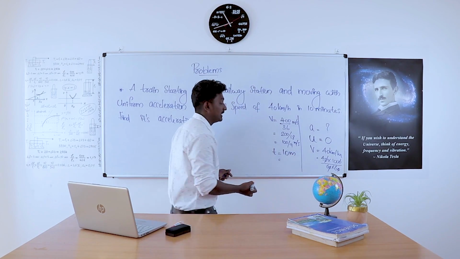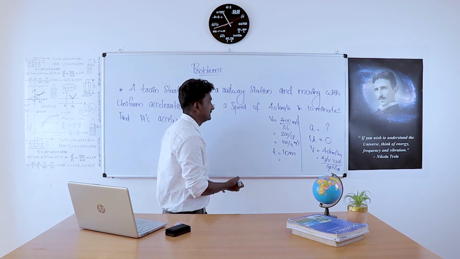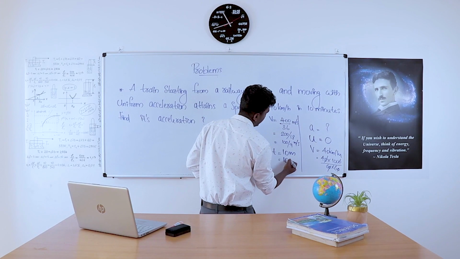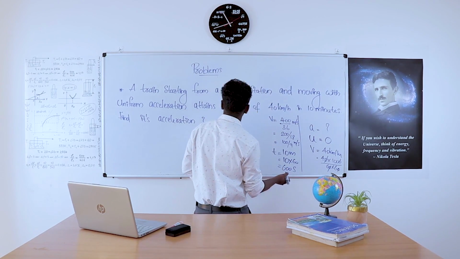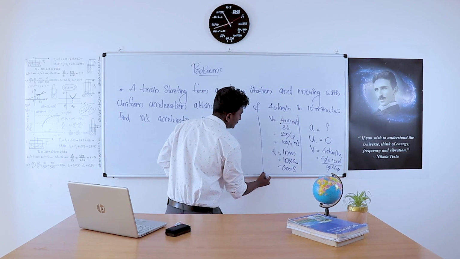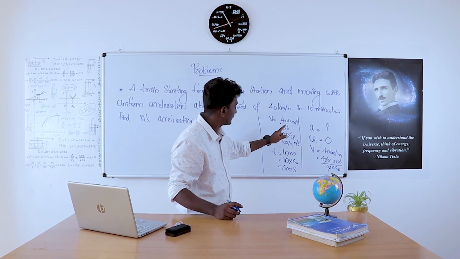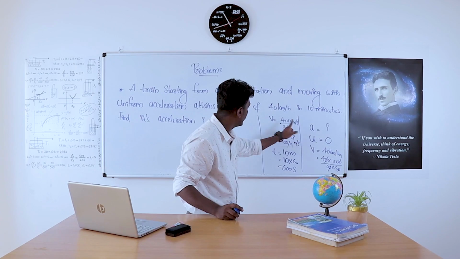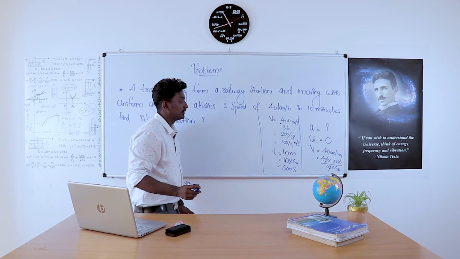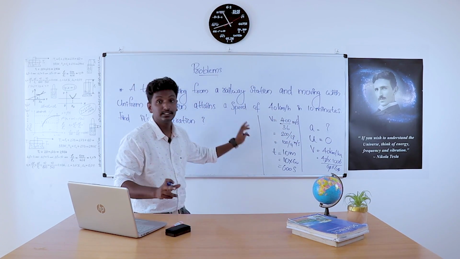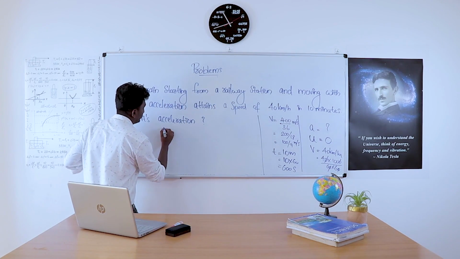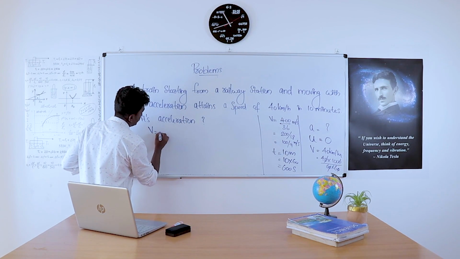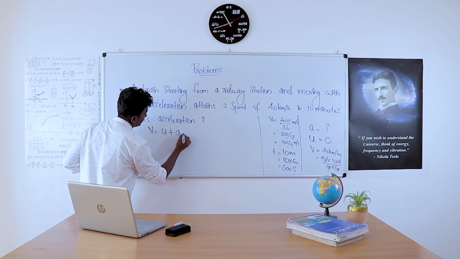It is in minutes. We have to convert this also into seconds. That is 10 into 60 is equal to 600 seconds. Now look, we are having values v, u, a and t. Which is the relation connecting these four terms? The first equation of motion, that is v is equal to u plus at.